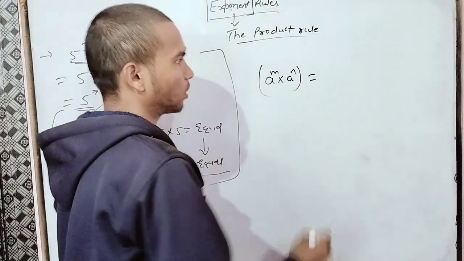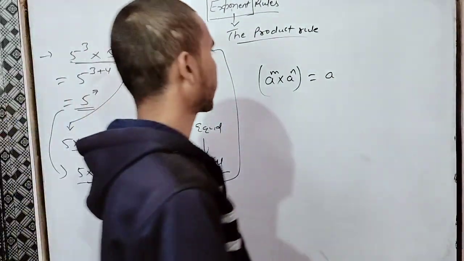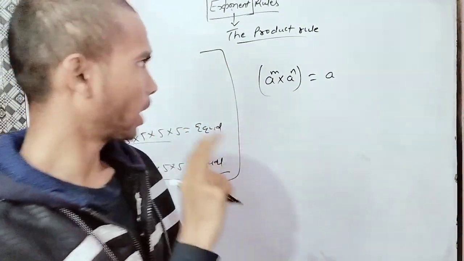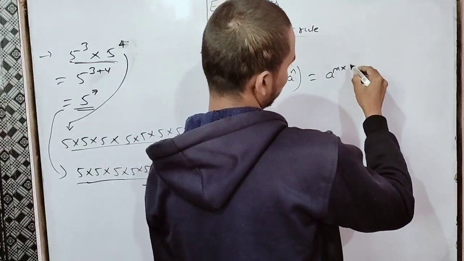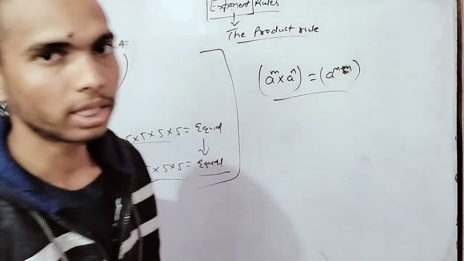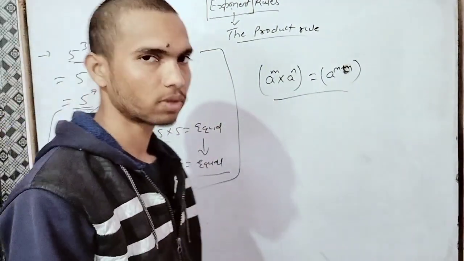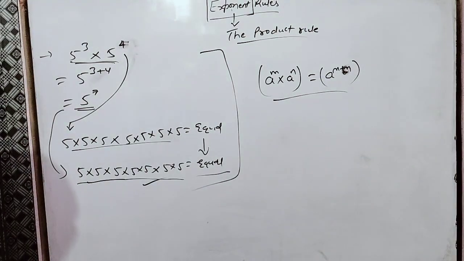Then the base will be written 1 time, and the exponents will be added. So in the case of a product rule, because we have this product, that's why we are adding our exponents. Clear? Now let's move.